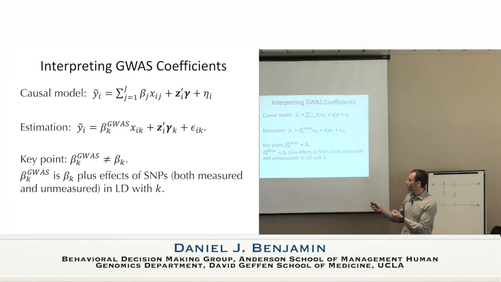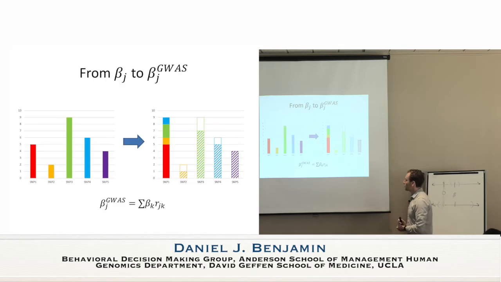Okay, so you should think of the GWAS coefficient as the true causal effect of the SNP plus the effects of other SNPs that it's in LD with that may or may not have been measured. Here's a picture that Patrick created at some point to illustrate this idea.